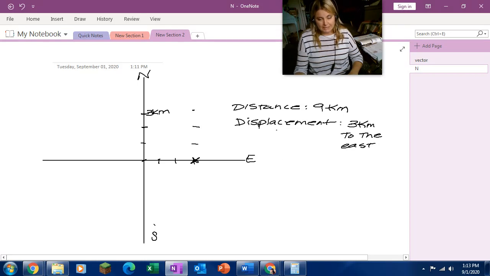When you look at displacement, you look at a vector, you look at the starting point, the ending point, and you kind of look at the difference between the two of them.